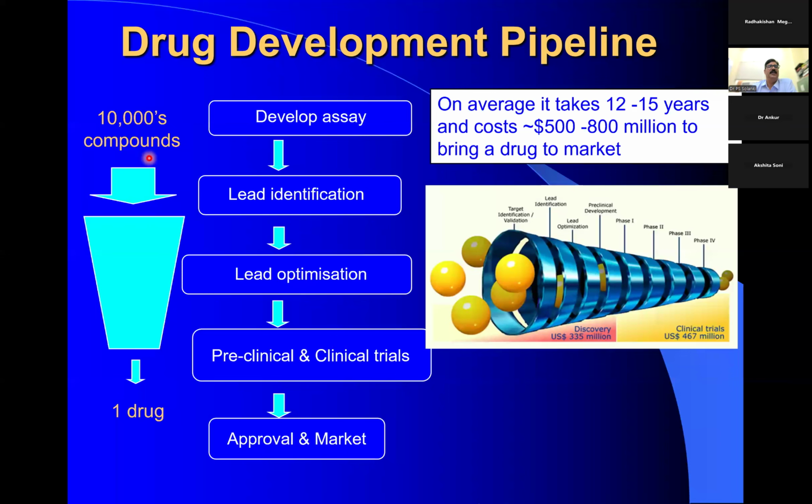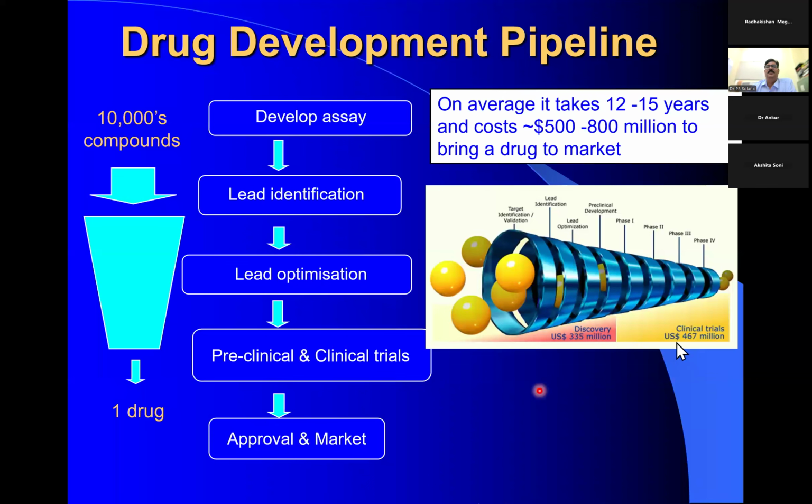Millions of compounds exist, and out of which we reach a very limited number of compounds, probably a single drug. So from developing an assay to approval and marketing of the drug, on average it takes 10 to 12 to 15 years and costs 500 to 800 million dollars to finally bring a drug to the market.